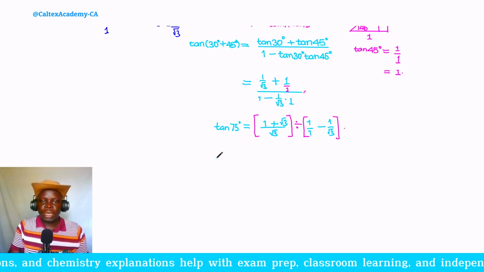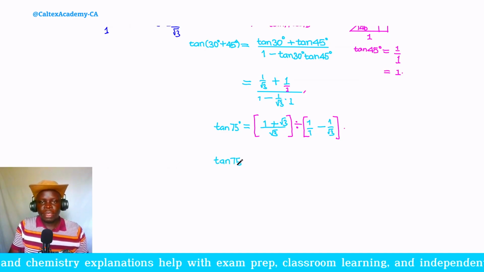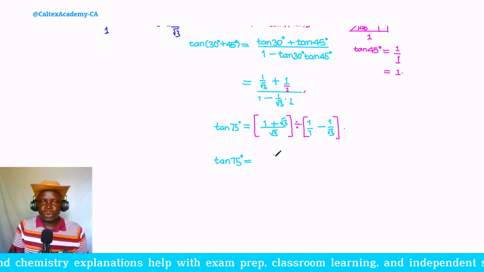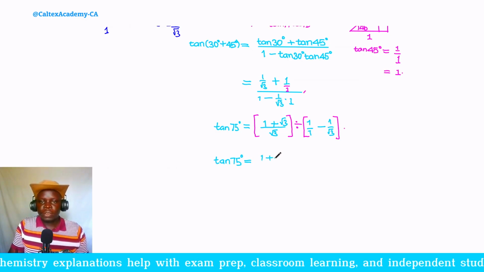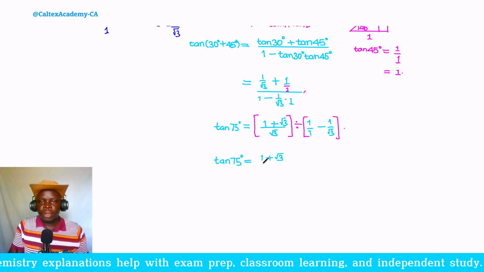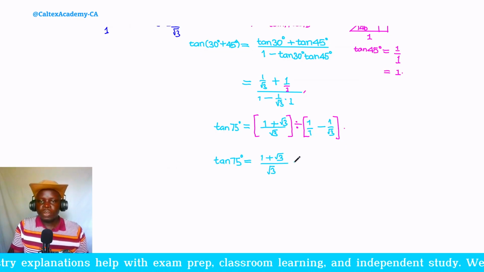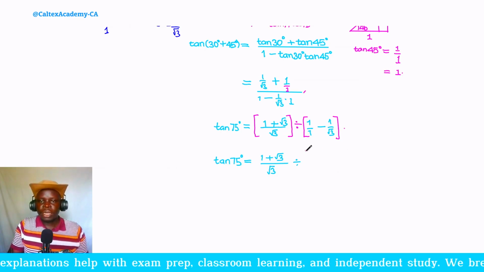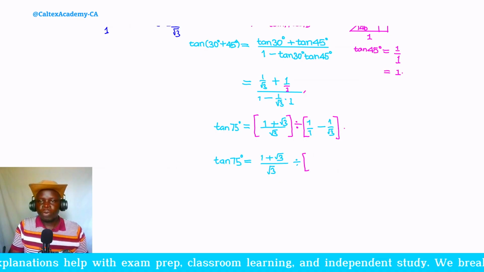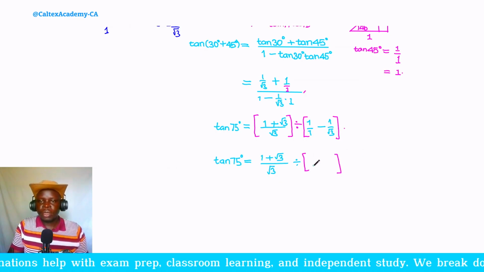Therefore, we have still our tan of the angle of 75 degrees will be equivalent to, now maintaining this, we have still our 1 plus root 3 all over also root 3, and this will be still divided by, now here we can get an LCM of 1 and root 3, and as before, this is the same as root 3.